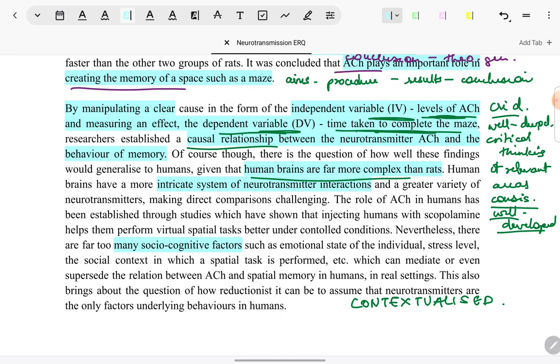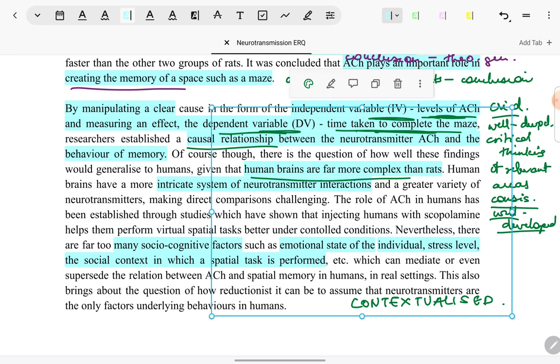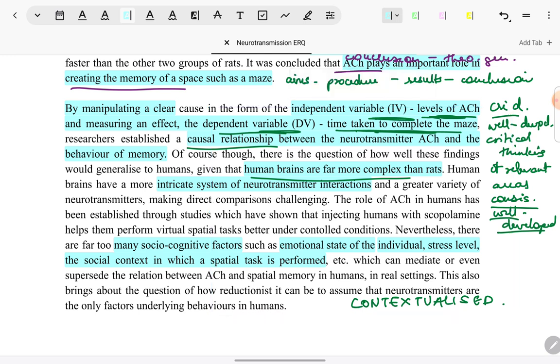We can specify some of those, such as stress, emotional state of the person, which is a cognitive factor, or it can in fact even get superseded by those factors. So when we look at humans, maybe that neurotransmitter behavior relationship does not hold true at all once we look at how socio-cognitive factors are influencing humans. So it might be only an animal phenomenon that has been seen.